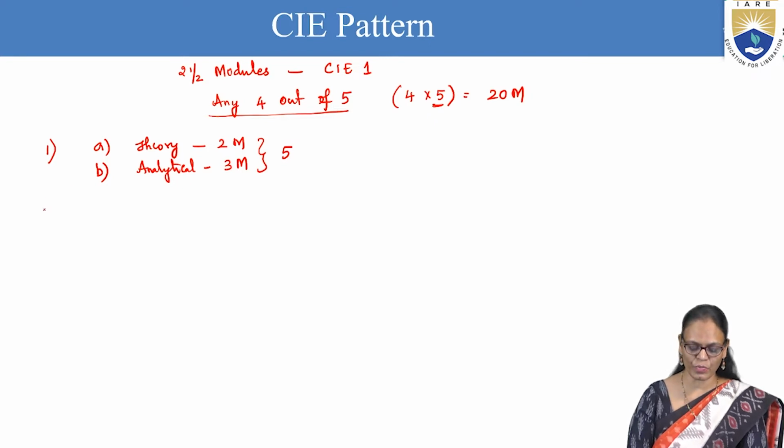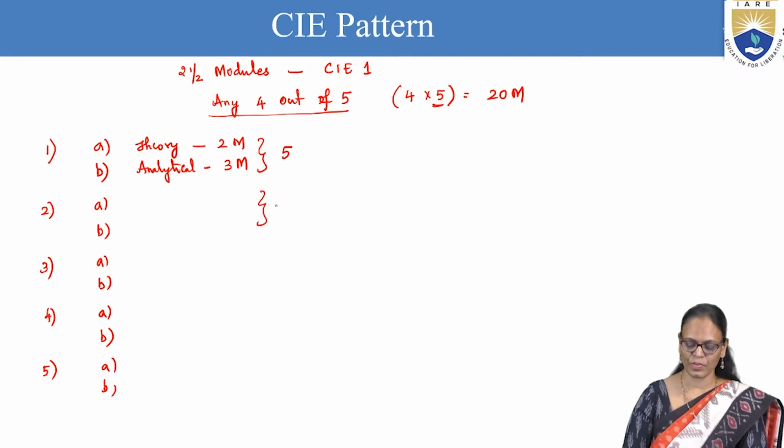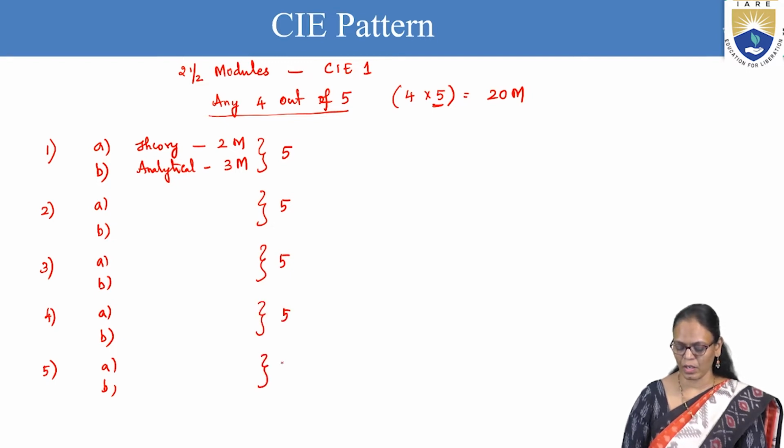So like this you will get 5 questions. Every question has 2 parts, A and B, theory as well as analytical. Each question is for 5 marks.